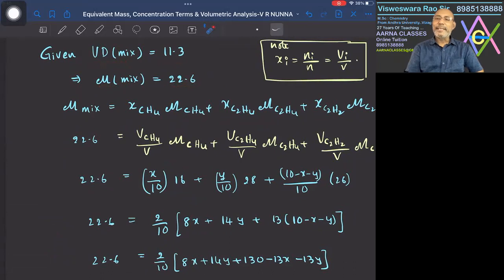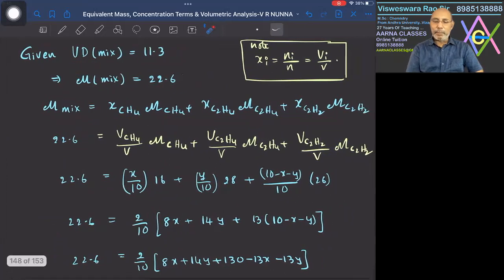So what is the equation related to molar mass of a mixture? You can find the molar mass of the mixture with this equation: mole fraction of methane into its molar mass, plus mole fraction of ethane into its molar mass, plus mole fraction of acetylene into its molar mass. I have the molar mass of methane and the others, very simple and straightforward, I can calculate.